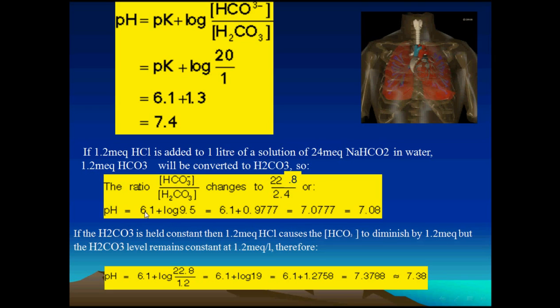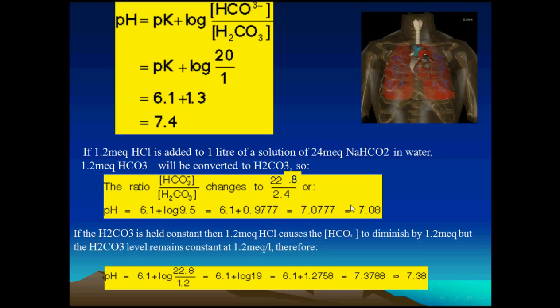So the pH will drop from 7.4 to 7.08. It is a large drop, because here the carbonic acid didn't find a way to leave as carbon dioxide outside through the lung. So look at it.